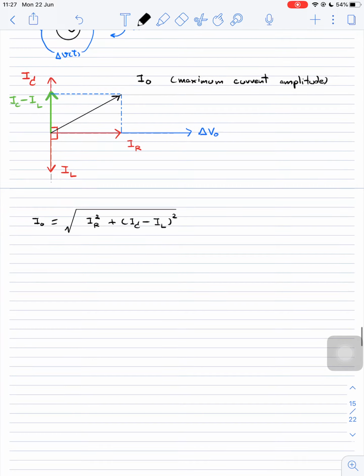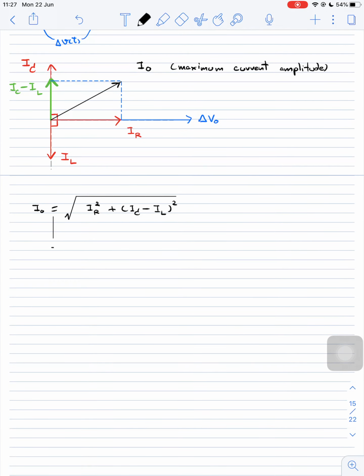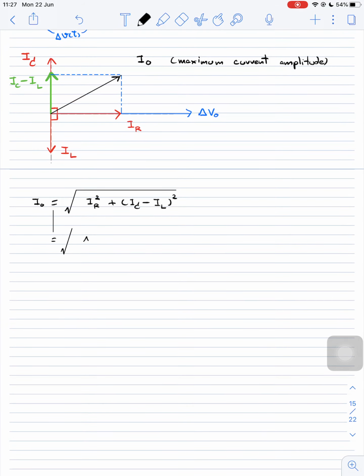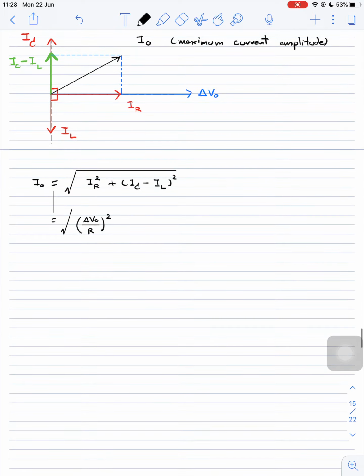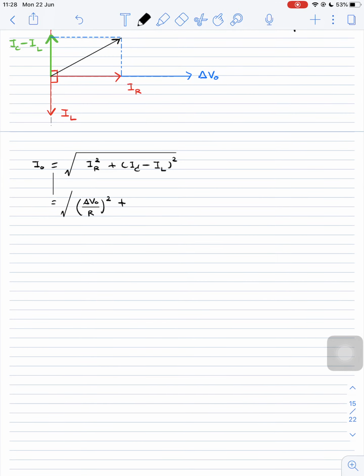Okay, so we know that IR equals delta V naught over R, from the previous topic, plus the IC equals delta V naught over XC, minus the IL, delta V naught over XL, squared, and then the total square root.